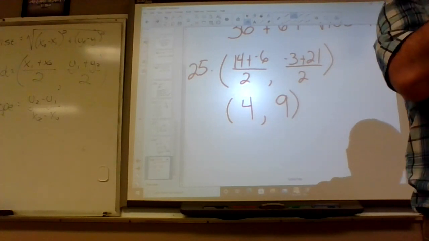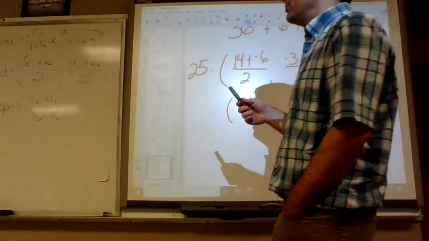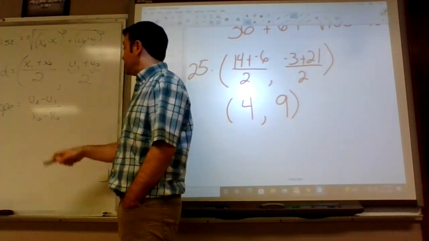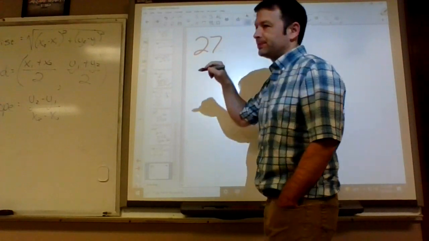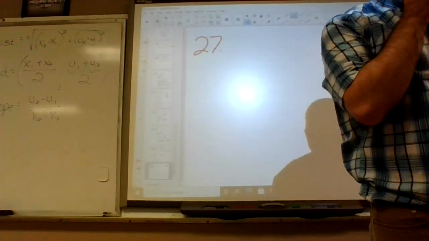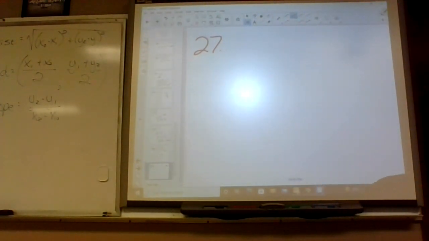Number 27, find the slope. Slope formula: y minus y over x minus x. The y values are 6 and 0, and the x values are 3 and 6.